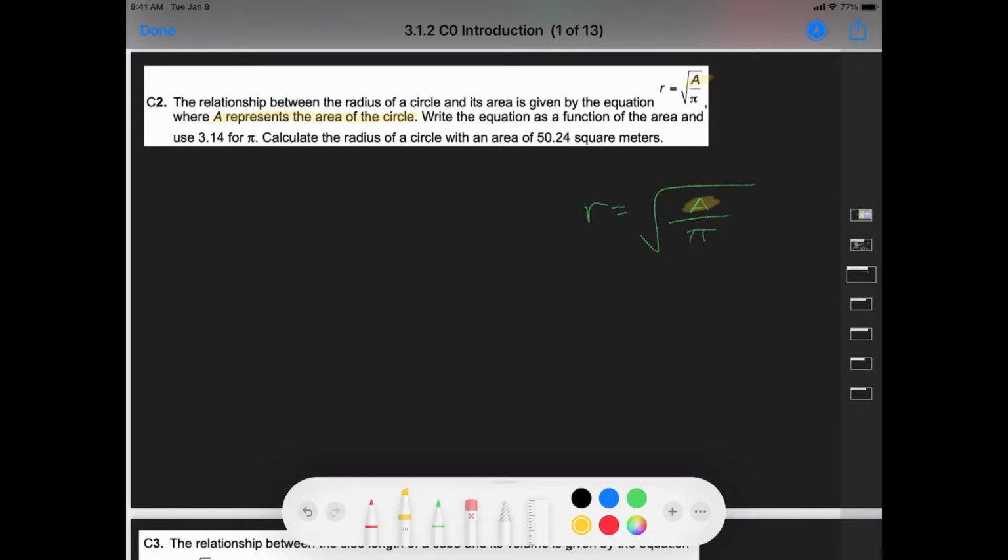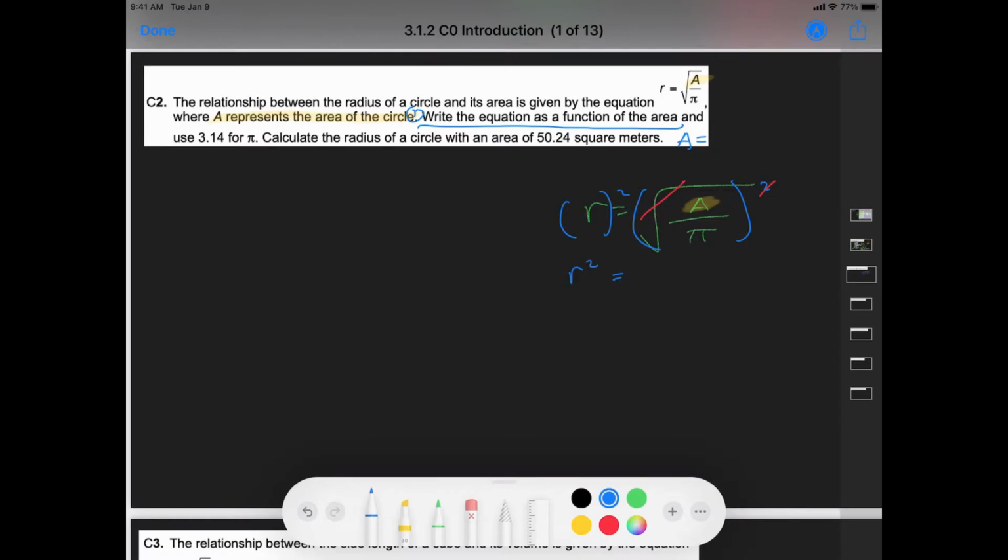Okay, so they want us to do 2 things here. They first want me to write the equation as a function of the area. Basically, all that means is they want A equals. How do I kind of change this around? So how do I solve for A? So I'm going to get rid of this thing, so power of 2. So you're going to have r squared. This cancels, and the square root with the index cancels.